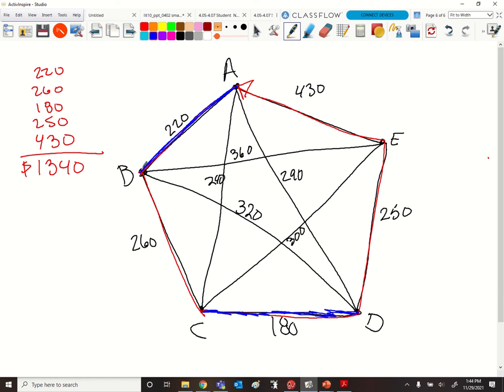I'm just trying to figure out a faster way than what I had earlier, or a better way. So how about this? I'm gonna make this a little bit easier by getting rid of this. So we can't use that one. And if I could avoid 360, 1, 2, 3.